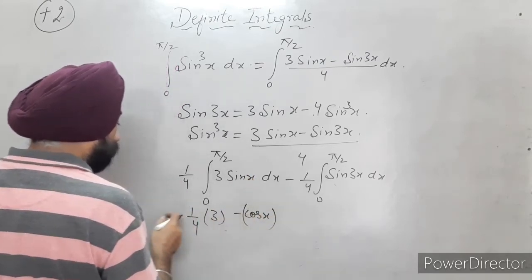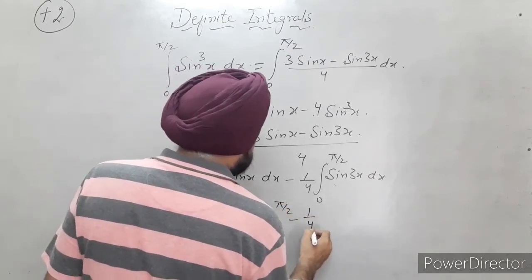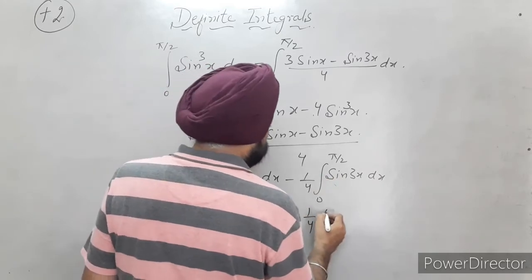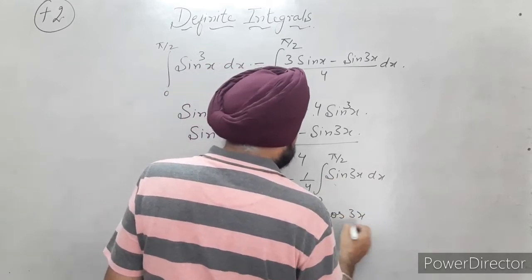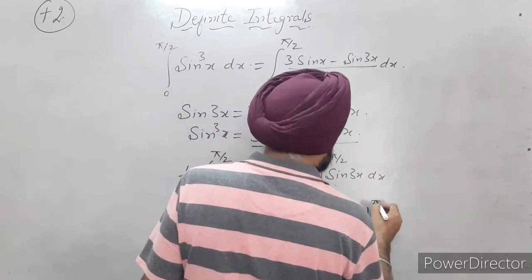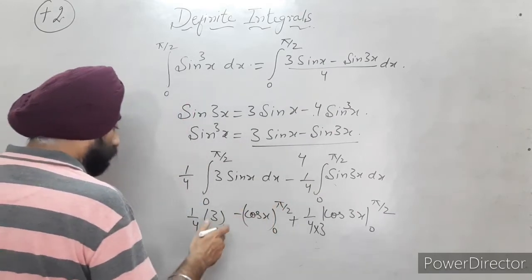Even if I take the negative sign out, it's 0 to pi by 2, minus 1 by 4 times sine 3x, which is negative, so it becomes positive cos 3x upon 3. I take this out, limits are 0 to pi by 2. Now just substitute the limits.